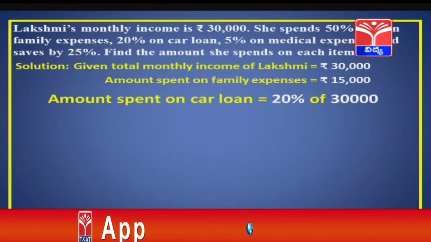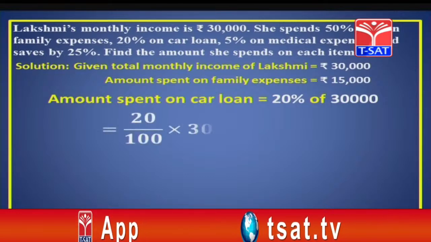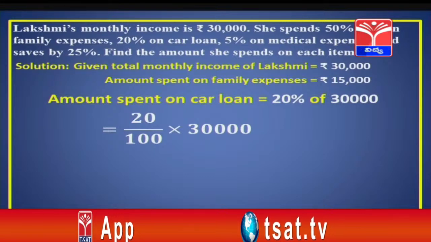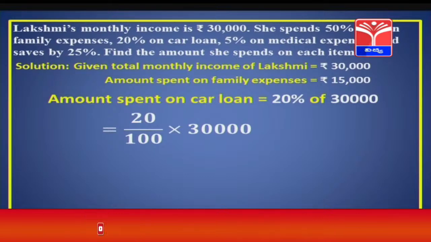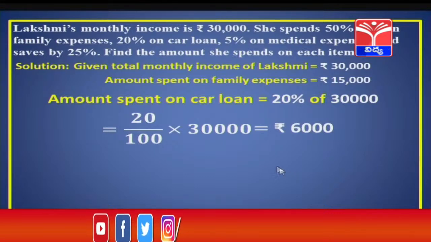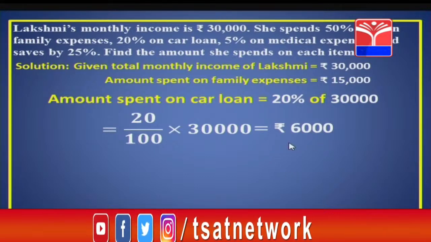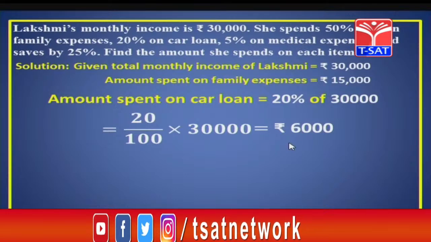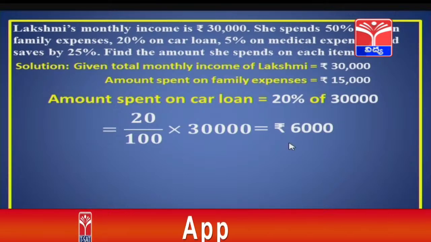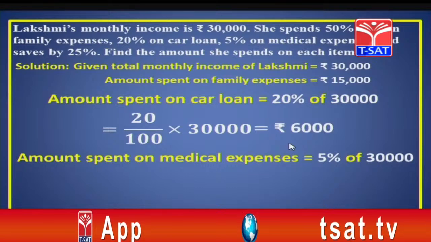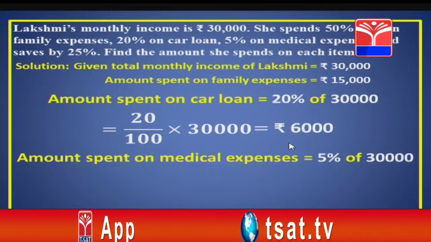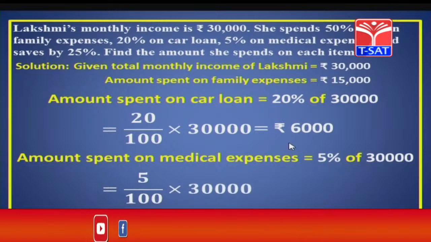What is the amount she spent on car loan? 20%. So, 20% of 30,000, that is 20 by 100 into again 30,000. So, here again on simplification you get 6,000 rupees. So, this 6,000 rupees is the amount she is spending on car loan per month. So, next on medical expenses she spends 5%, that is 5 by 100 into 30,000.